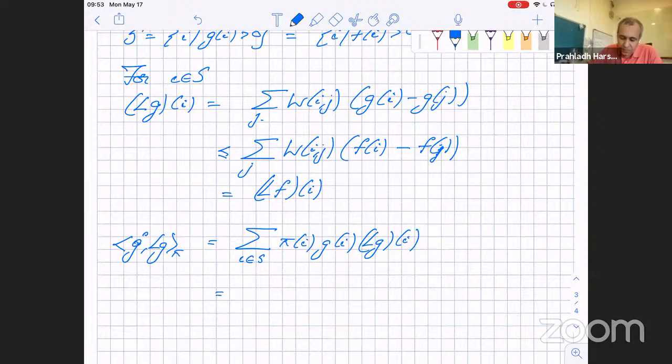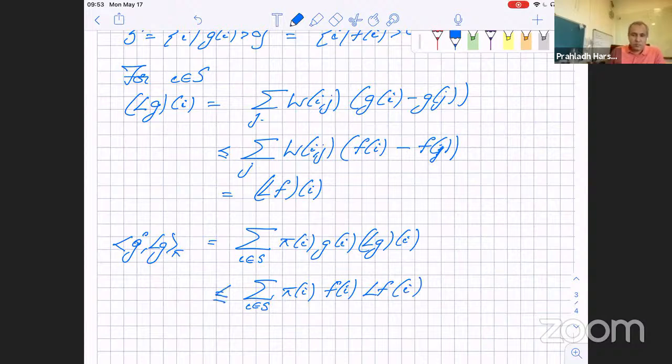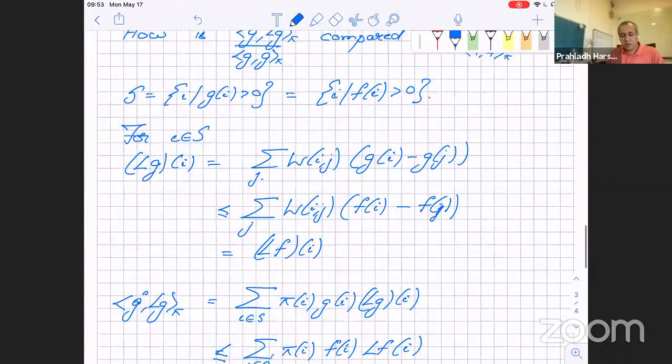This is the summation over i in S of pi(i), this is the same as f(i), and this is L f(i). It's less than or equal to f. No. The way I stated the proof is wrong.